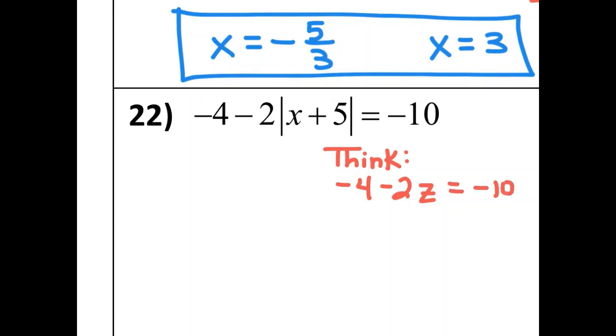And if I were your Algebra 1 teacher and I gave you this equation, and I'm just saying I want to isolate the z like I want to isolate the absolute value, then I would start by adding 4 to both sides. I would start by adding 4 to both sides, and then I would divide by negative 2.